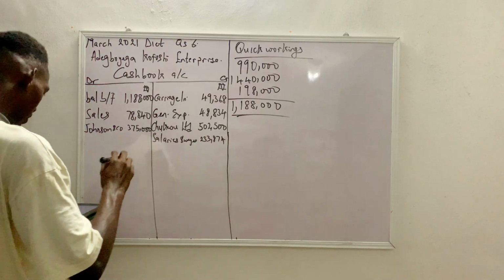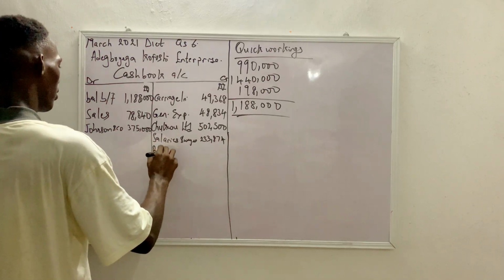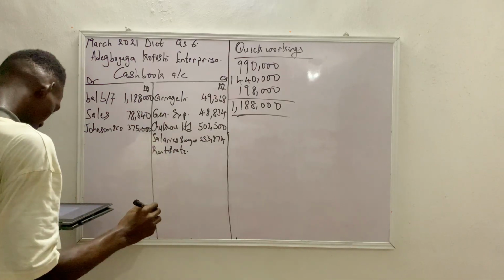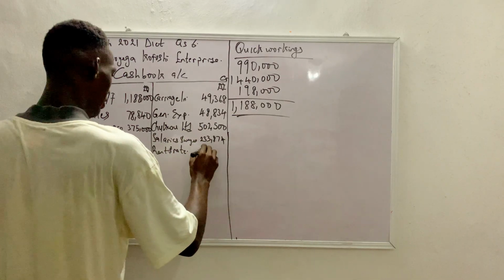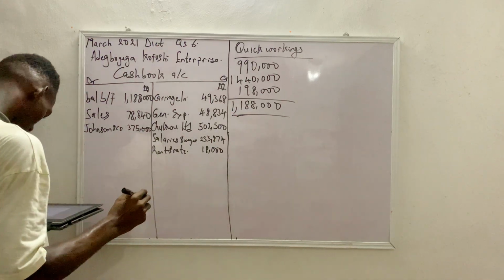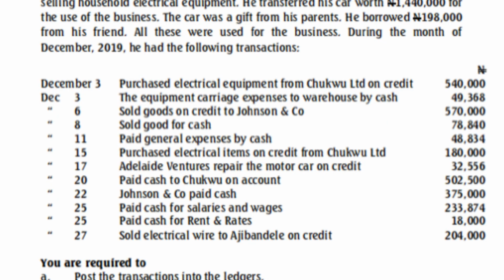The same day, rent and rate, 18,000. Then sold electrical wire on credit to Ajibande, that's on the 27th.